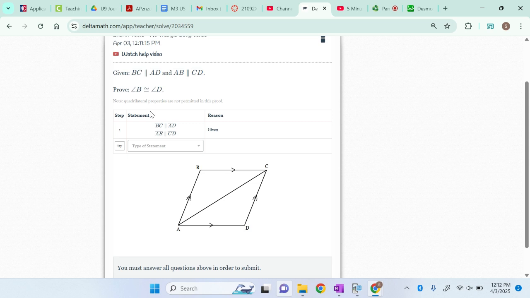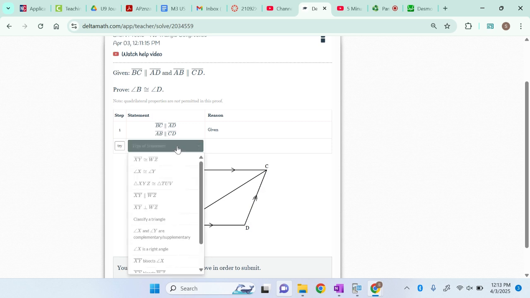And the reason is that a definition of a parallelogram? Two sets of congruent sides? Look at our hierarchy. That's the definition right there. It's a definition of a parallelogram. So that's our first statement and reason.